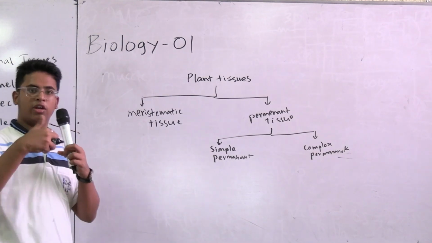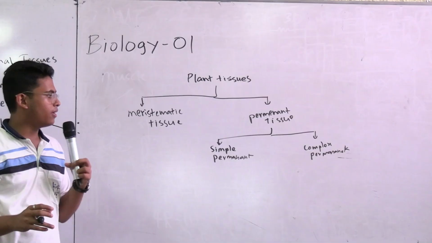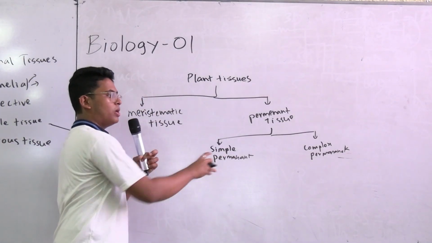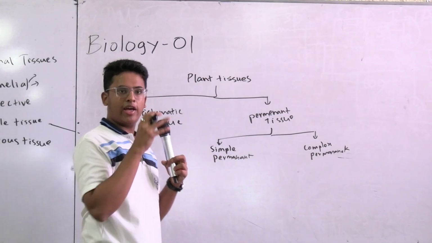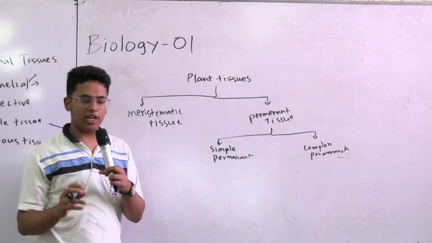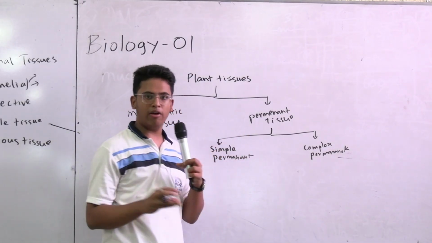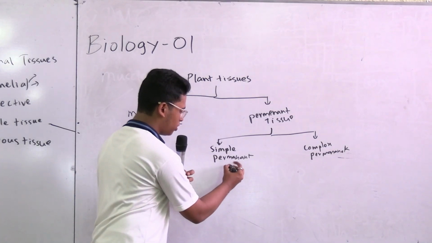Meristematic tissues will gradually develop with time, but permanent tissues will remain permanently in the plant. So again that you divide into simple permanent and complex permanent tissue. Simple permanent tissues only have one cell type with them. Each tissue will only have one cell type. However, complex permanent tissue will have a collection of different cell types. So simple permanent tissue also has three types, right?